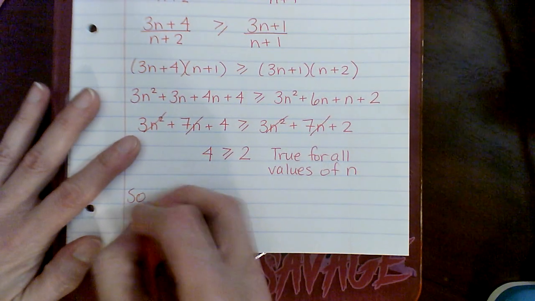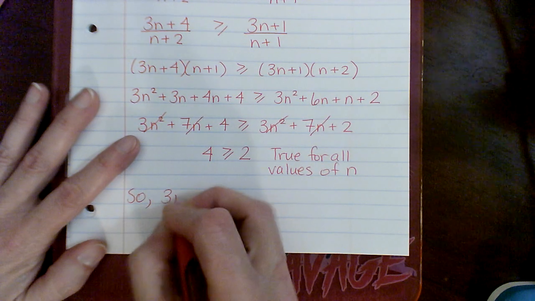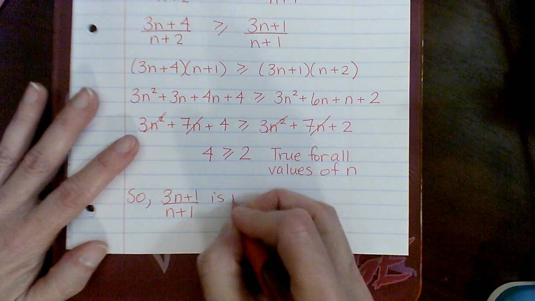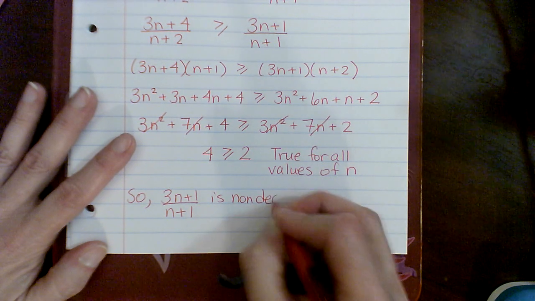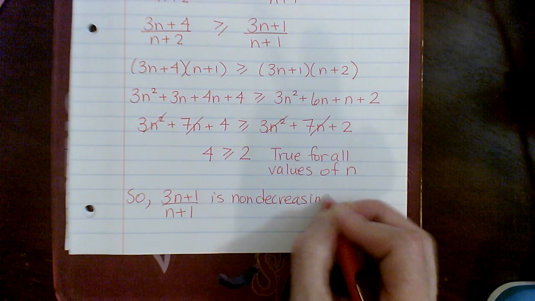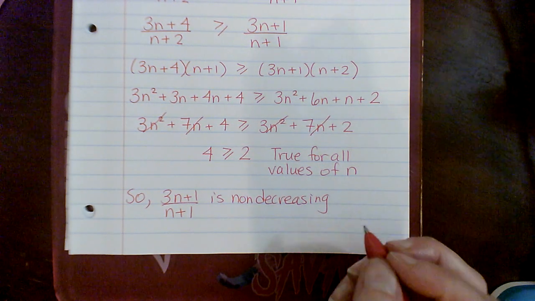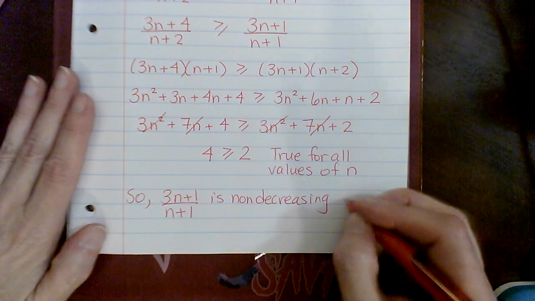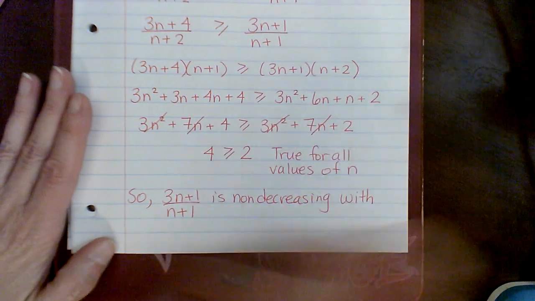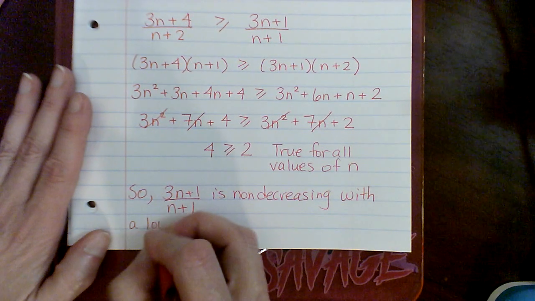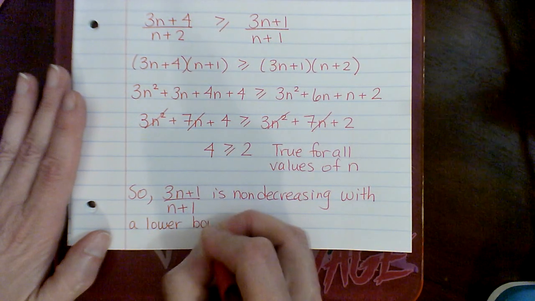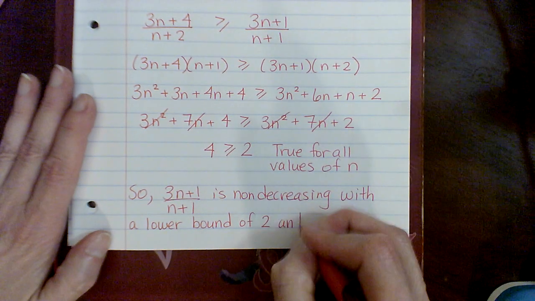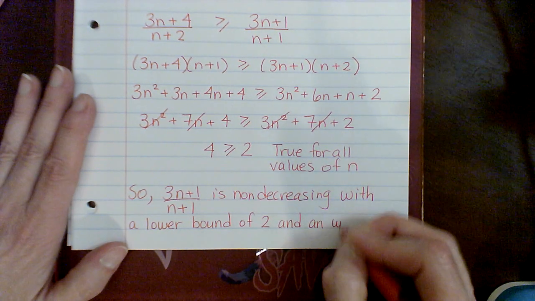That means that 3n plus 1 over n plus 1 is non-decreasing. And then we said that it was bounded below and above. So it's non-decreasing with a lower bound of 2 and an upper bound of 3. Oh no, almost out of room.